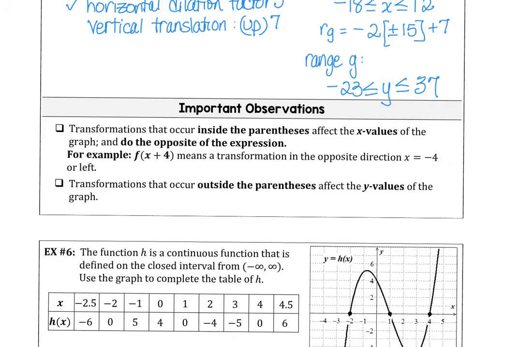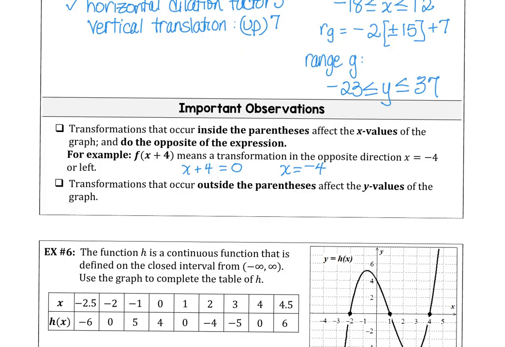I like to tell my students it's like taking the argument and solving for the zero of that argument, which lets us know the x is negative 4. And then lastly, transformations that occur outside the parentheses affect the y values of the graph. And we've kind of explored that and learned that along the way.